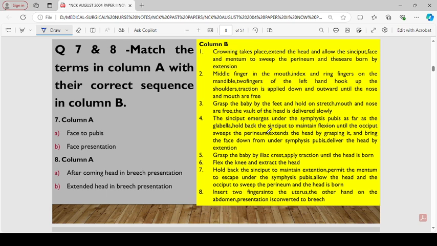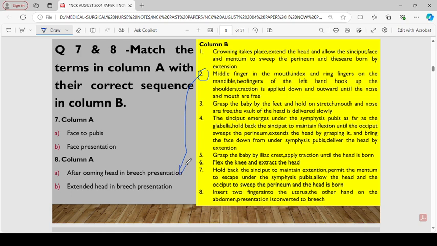If you look keenly, this second option, middle finger in the mouth, index and ring fingers on the mandible, two fingers of the left hand hook up the shoulders, traction is applied downwards and outwards until the nose and the face are free. That is after the coming up of the head, so this one is related to this one.